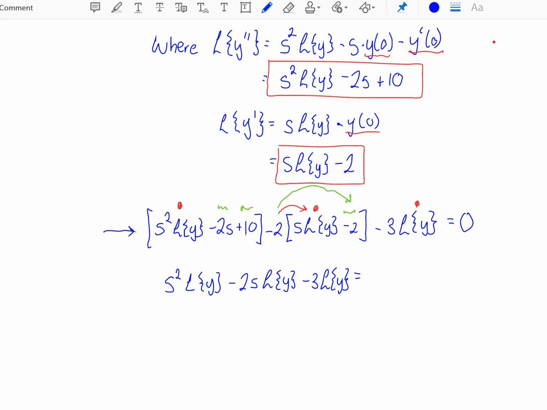Now the negative 2s will move to the right hand side to become positive 2s. The positive 10, and when you distribute, this positive 4 makes 14, and we'll subtract that and put it on the right hand side as minus 14.